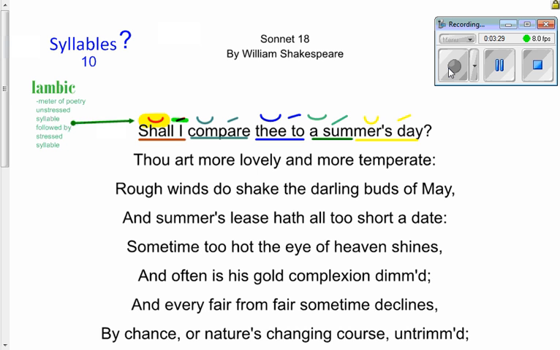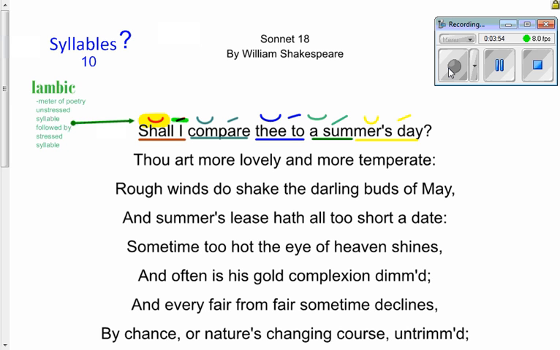The next question to lead us to our next term is how many meters of iambic is in every line of a sonnet? So since there are 5 sets of 2 syllables, it is clear to see that there are 5 meters of iambic in every line of a sonnet.